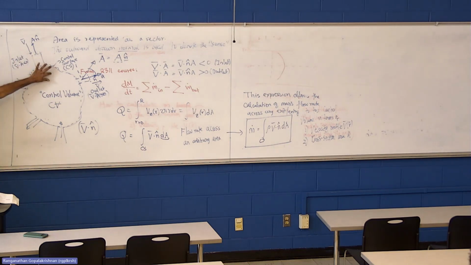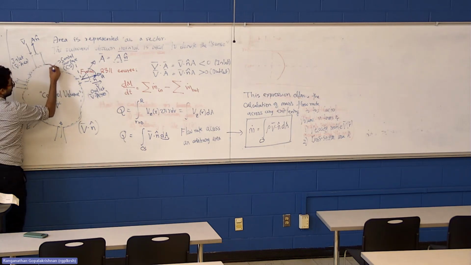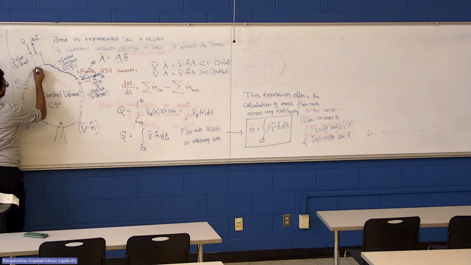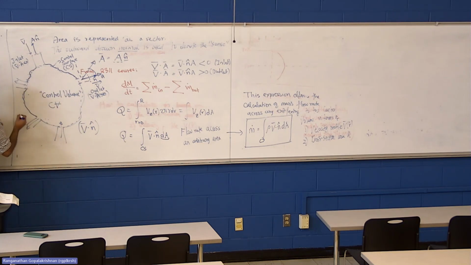Now, in your control surface, there are some portions where there is an entrance or an exit for flow to come in and go out. Everywhere else, there is a wall. So let me ask you a question. Let's say at this point, the normal vector is drawn this way. What is V dot n at this point? Zero. Why?